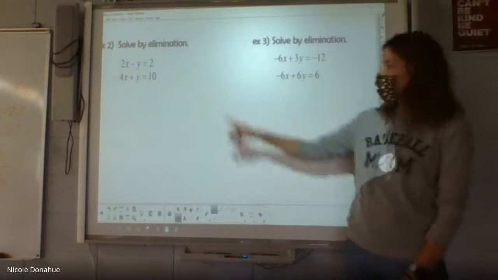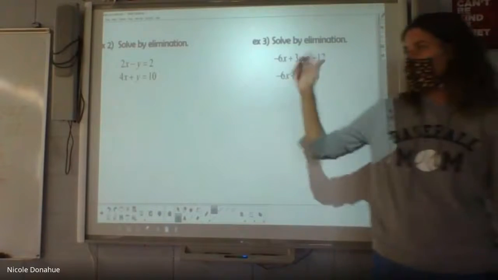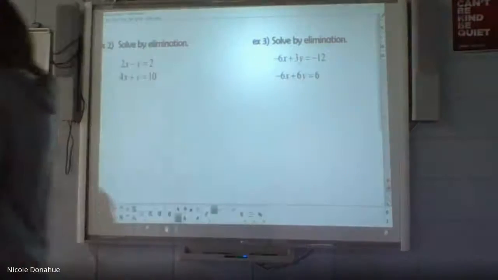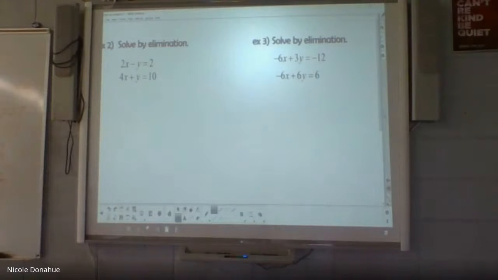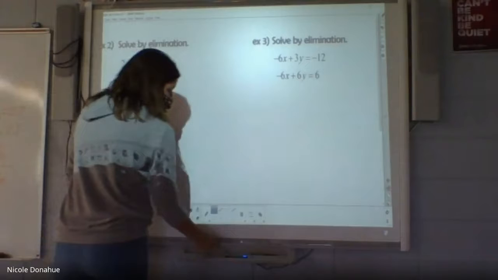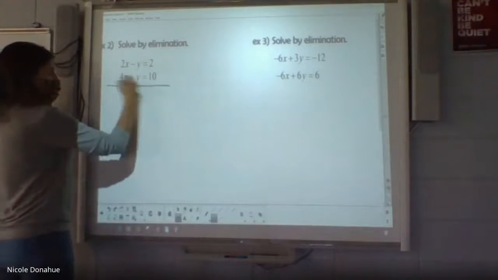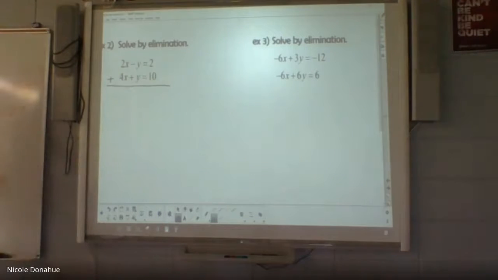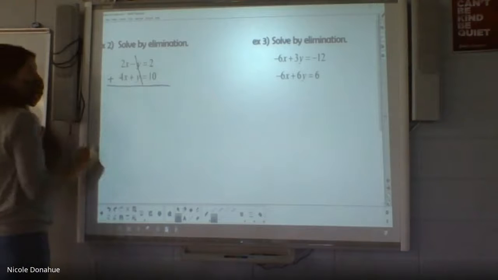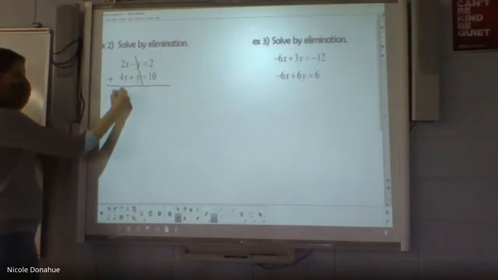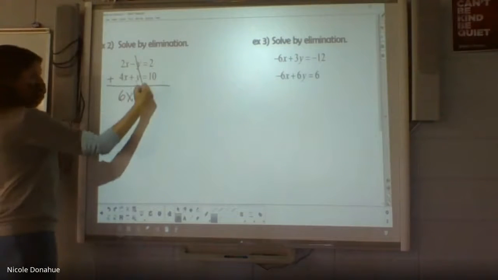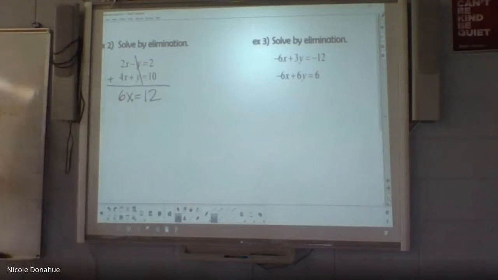All right, so example 2, solving by elimination. Is everything lined up? Will something cancel if I add them? Yes. What's going to cancel this time? The y's. If I add these two equations together, we have a negative y and a positive y, so those will cancel. So I'm left with 6x, and then also 12.